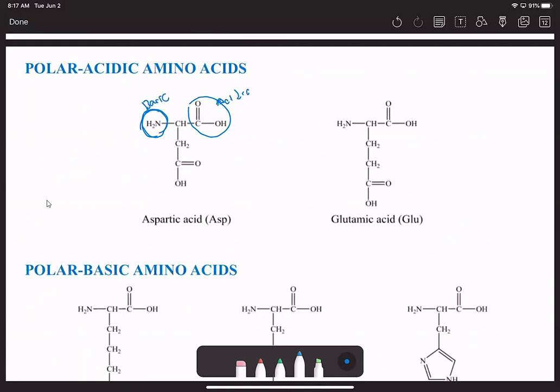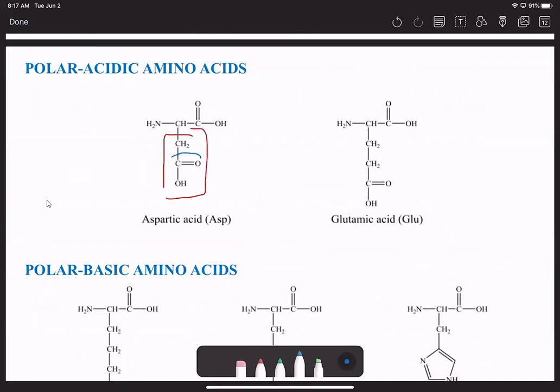But don't forget that every single amino acid has a carboxylic acid group and this basic amine group. So that is not what makes an amino acid acidic or basic. In order to consider an amino acid acidic or basic, we need to take a look at the R group.